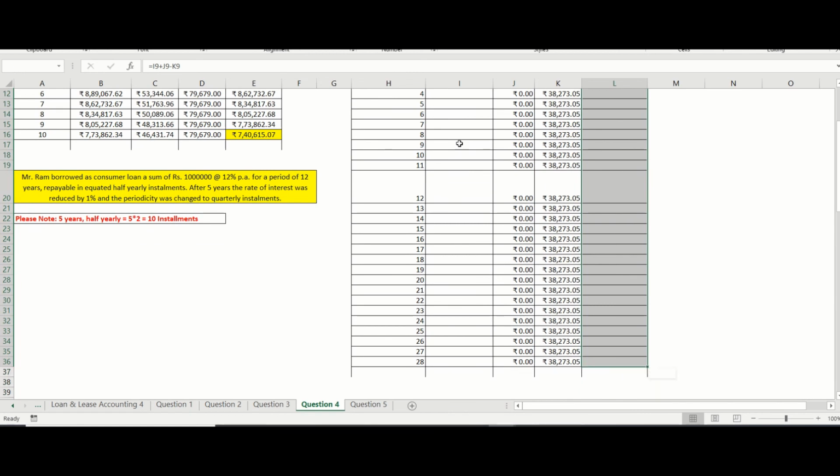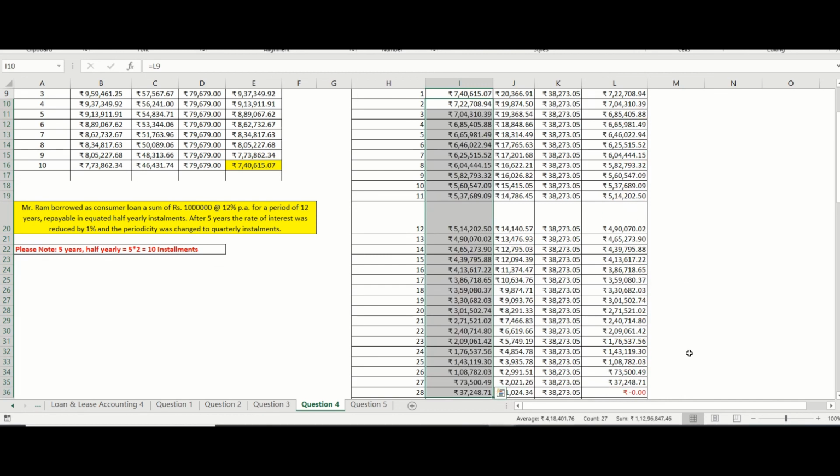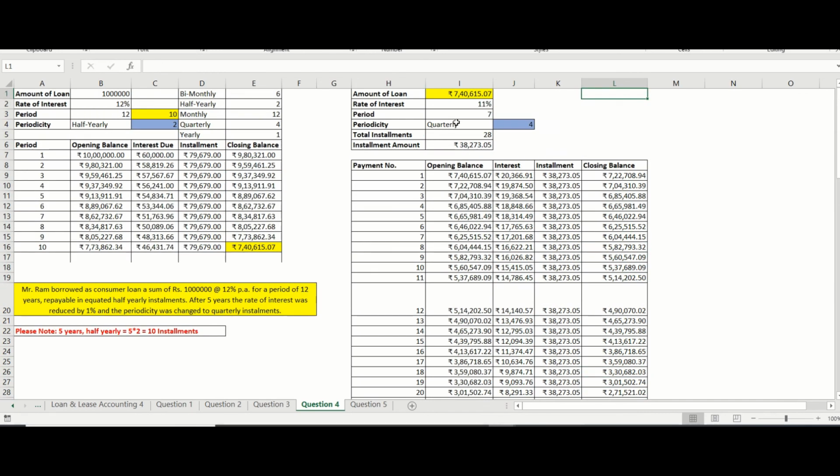Drag it down, Control D. My opening balance for the second installment will be the closing balance of the first. I drag this down too. And you can see my indicator, the last closing balance for the last installment, the 28th installment, is 0, which means my solution is right. Okay, very similar to the first and the third question. Here the only difference is that after 5 years the rate fell and the periodicity changed, so we are calculating it for the first 10 installments. We are not doing anything else here, right? Very simple question.